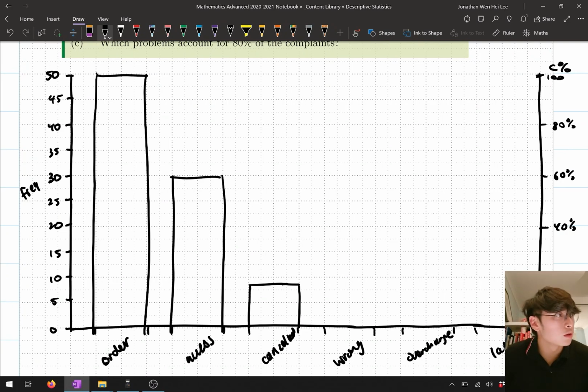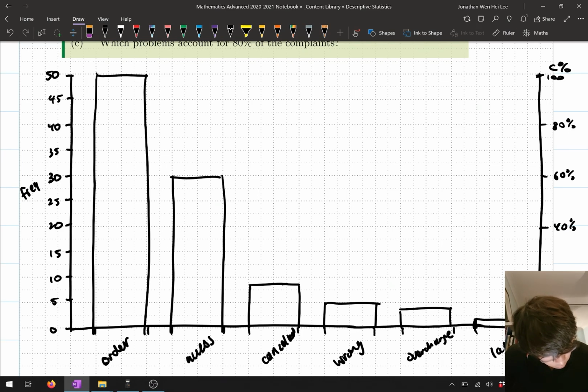Wrong article was 5. Next one was 4, and the final one was 2. We want to make sure that our columns are in descending order, and then we draw the column graph there.